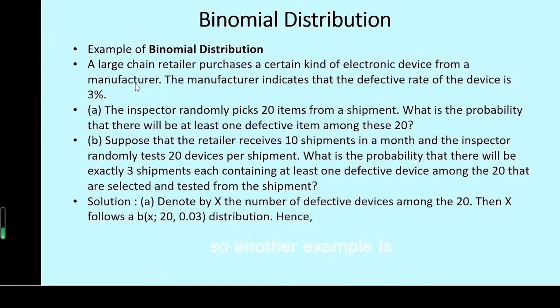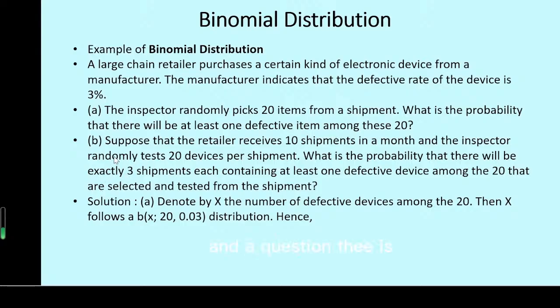So another example is a large chain retailer that purchases a certain kind of electronic device from a manufacturer. And the manufacturer indicates that the defective rate of the device is 3%. So question A is, the inspector randomly picks 20 items from a shipment. What is the probability that there will be at least one defective item among these 20?